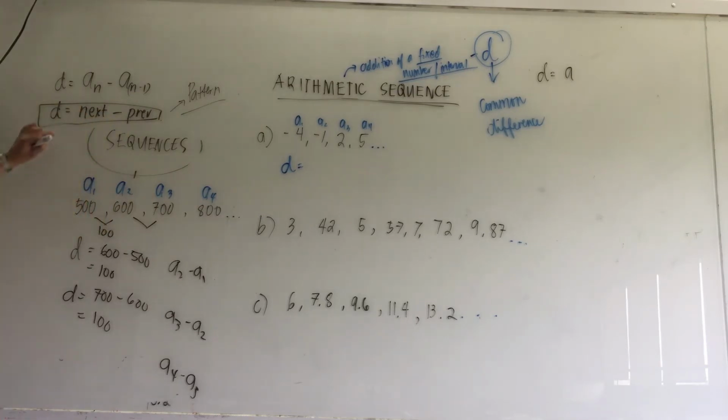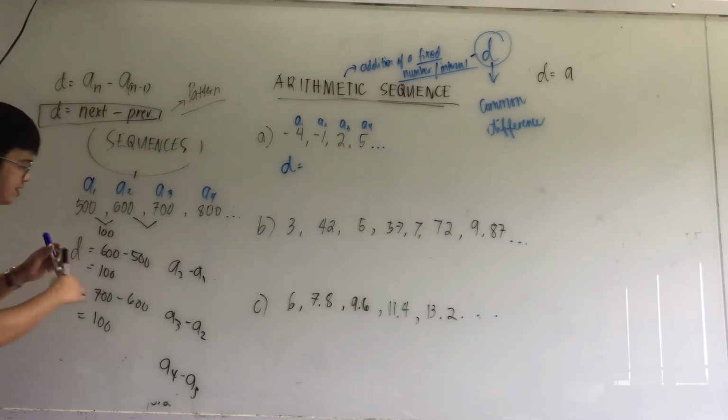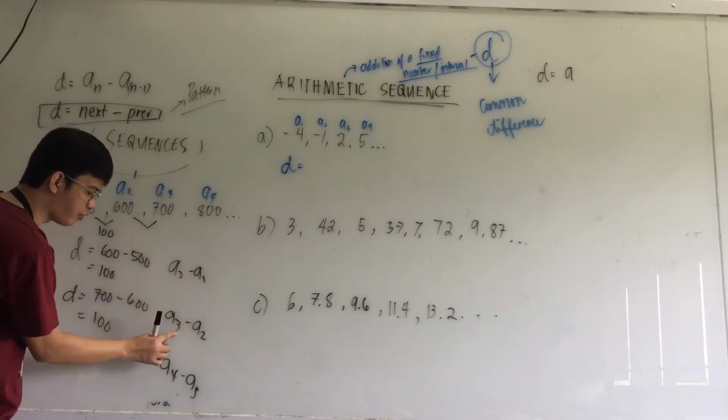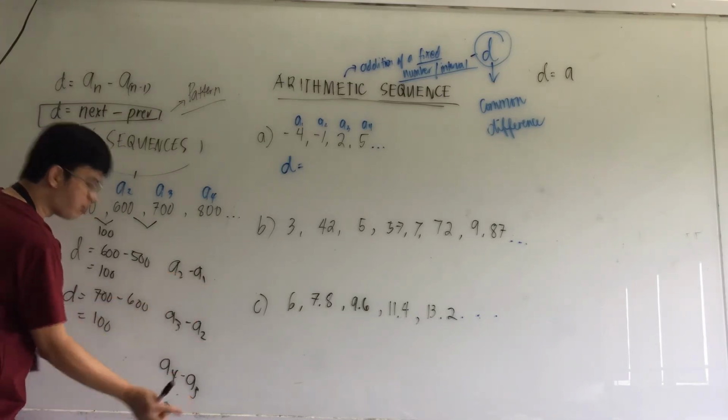For most of my students, this is easier. It's up to you. You can memorize next minus previous. You subtract the next minus previous for you to get the common difference. Clear? Next minus previous, or a sub n minus a sub n minus 1. Why n minus 1? As you can see, 2 and then it becomes 1, 3 and then 2, 4 and then 3.